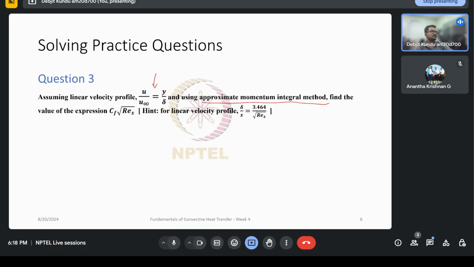So you have to find the value of the expression CF into under root Rex, where CF is the coefficient of friction and Rex is the Reynolds number at length x.